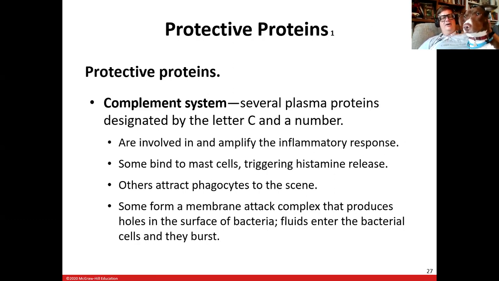Now we have proteins that will help us with the fight, and these are complement proteins. They hang out in the plasma, and they can amplify the response. Some of them hook up to these mast cells and trigger the release of histamine. I think I've told you before, histamine, we think of, oh, well, his nose was too runny, so he took an antihistamine.